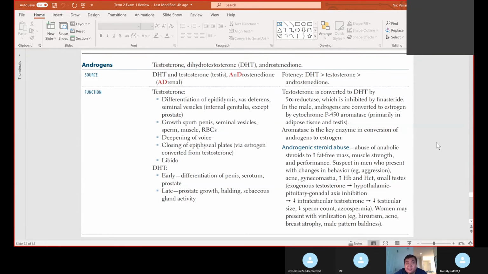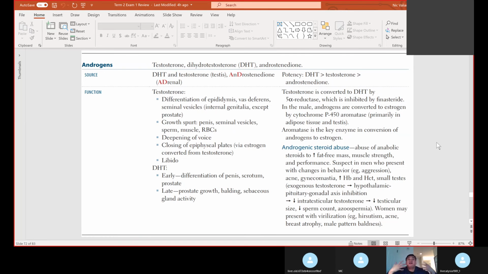Is this healthy? No. Why? Because it can induce a lot of disorders. It can give you acne, gynecomastia, and the most important thing is decreased testicular size.